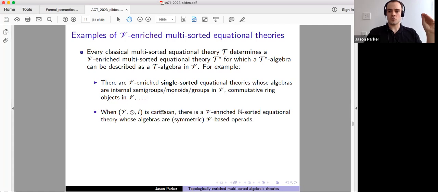When V is Cartesian monoidal, we can define a V-enriched N-sorted, or natural number sorted, equational theory whose algebras are symmetric or non-symmetric V-based operads.